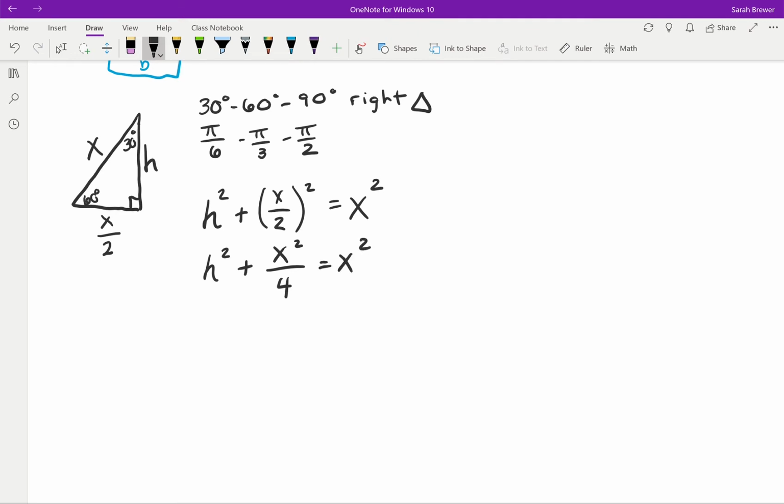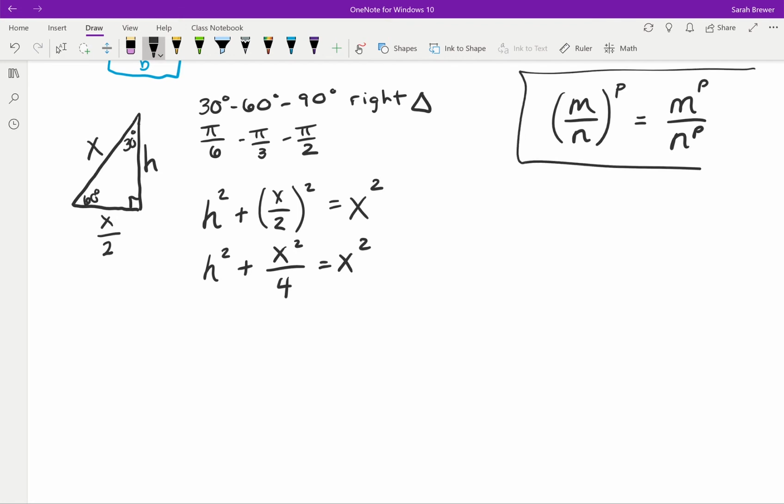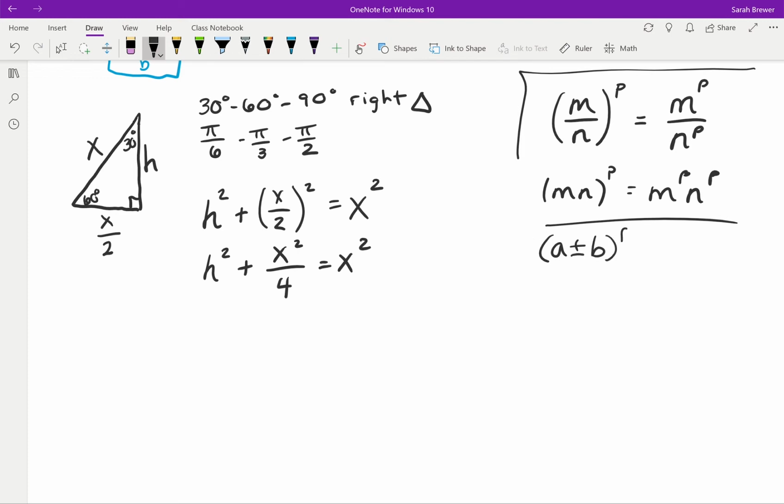So if I square a fraction, or I raise some fraction to an exponent, the rule is that I raise both parts to that same exponent. And the same thing would apply if I were multiplying two numbers inside an exponent. I would raise both of them, but it doesn't apply if you're adding or subtracting.